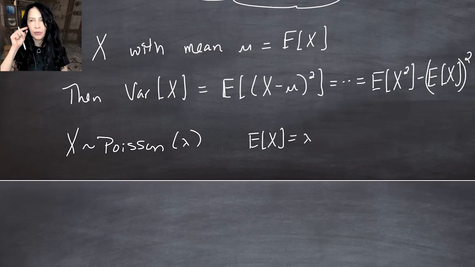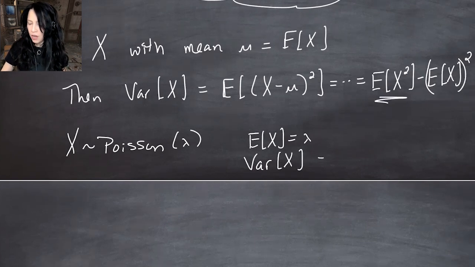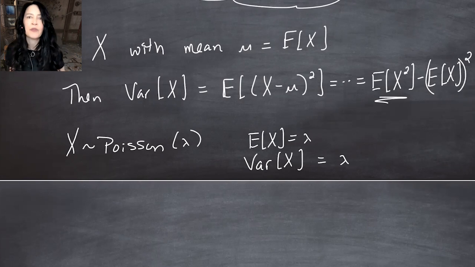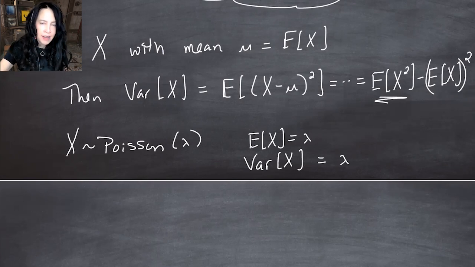We could go through similar computations, a little hairier than last time, to find the expected value of x squared, but we'll ultimately be able to show that the variance for x is also lambda. You can just use that as a given fact if you want. This is one of the things that would be on the cheat sheet for the next exam, but we very rarely need variance. But you do in problem 5 on this homework, at least one way I can think of to do this.